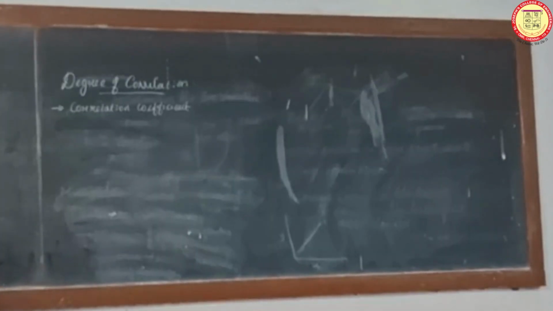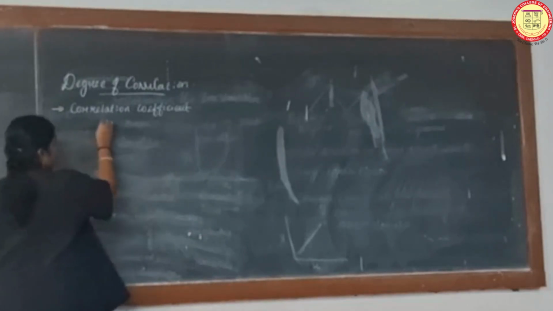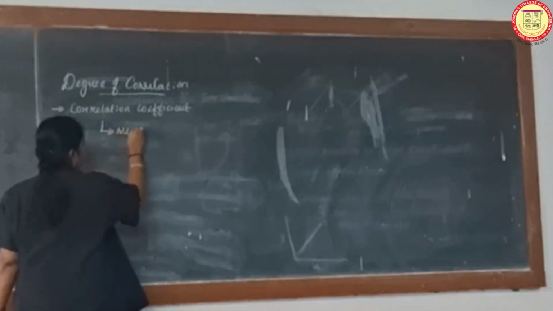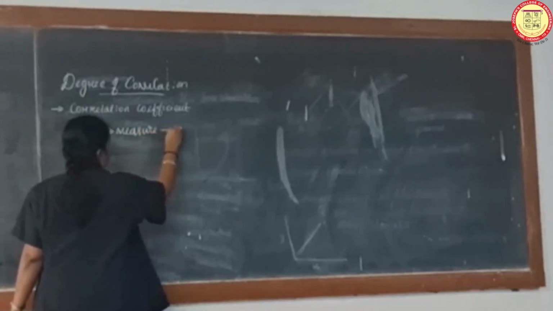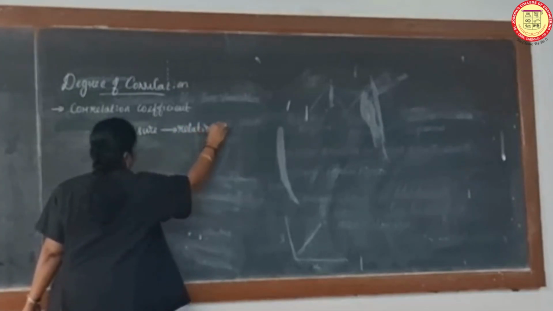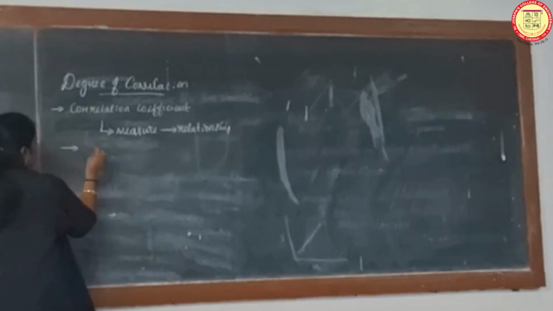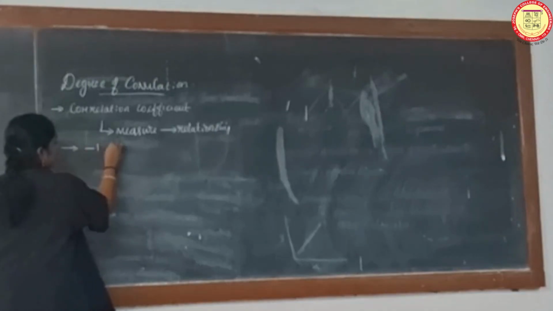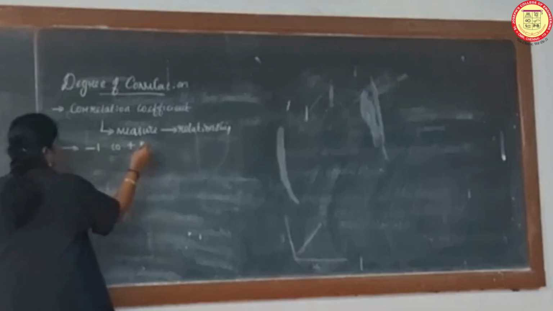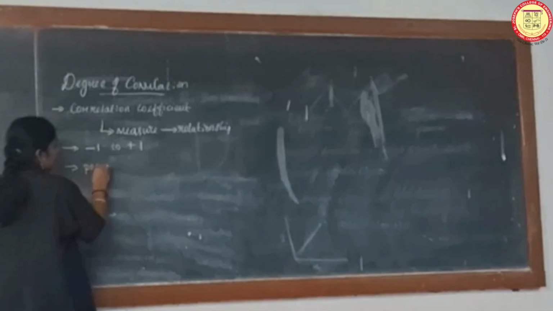So the next topic is the degree of correlation. It is also used to calculate the correlation coefficient, which is a measure of the relationship between the two variables. The range of this correlation coefficient is -1 to +1. The sign represents whether it is a positive or negative correlation.